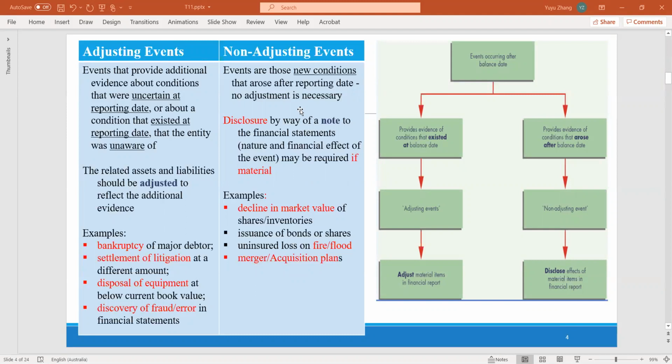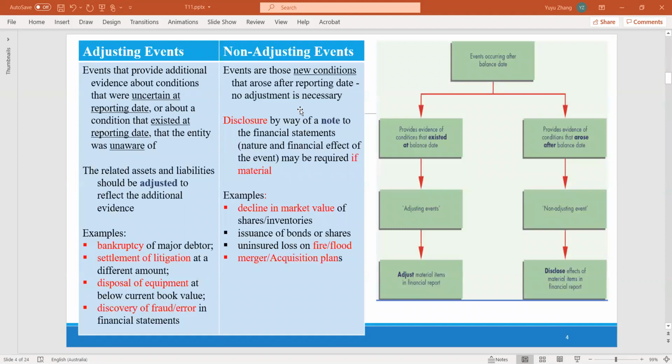If an event is not material enough, just as with information before the balance date, you don't have to report or respond to it. So no matter whether it is adjusting or non-adjusting, auditors will only respond to the events as long as they are material.